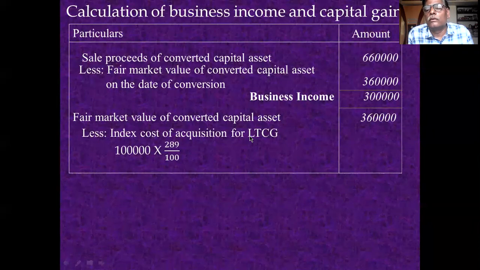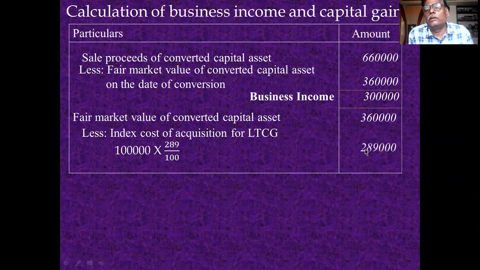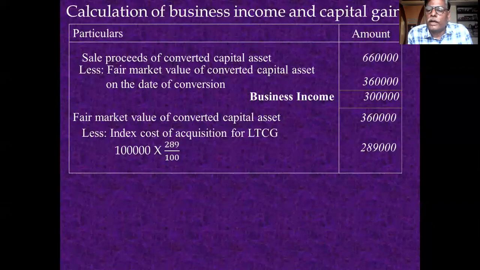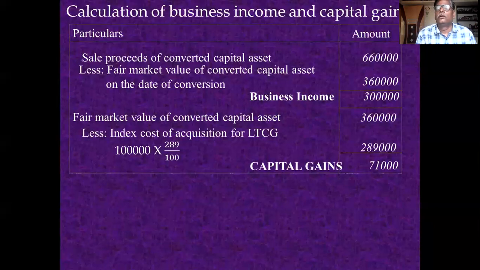It is long term, held for more than 24 months, therefore you have to apply the index. So the index cost is 2,89,000. Out of fair market value, you deduct the index cost of acquisition, and you will get the capital gain. Capital gain is 71,000.